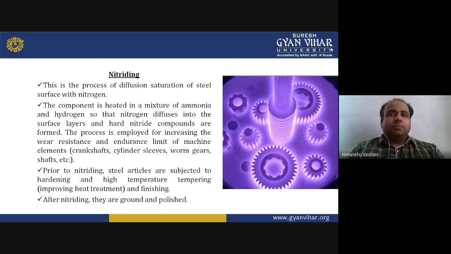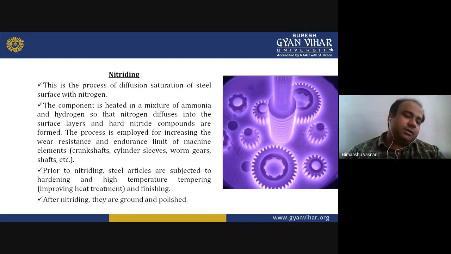The purpose of studying all these heat treatment processes is to bring out application-based changes that will make the workpiece usable during applications as per the demand. Nitriding also serves the same purpose.